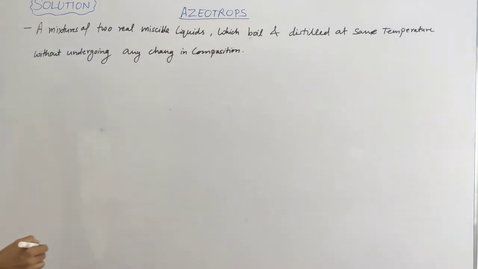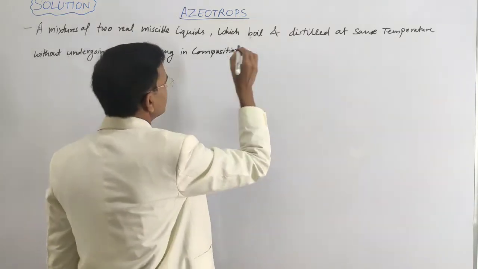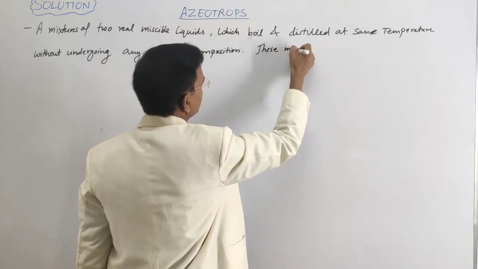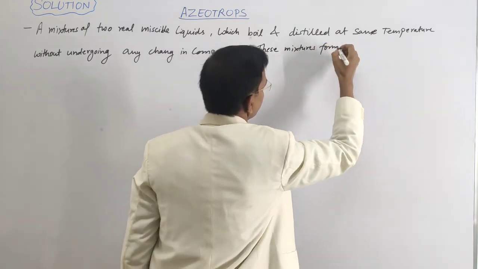So these types of mixtures are called azeotropes. These mixtures form non-ideal solutions.